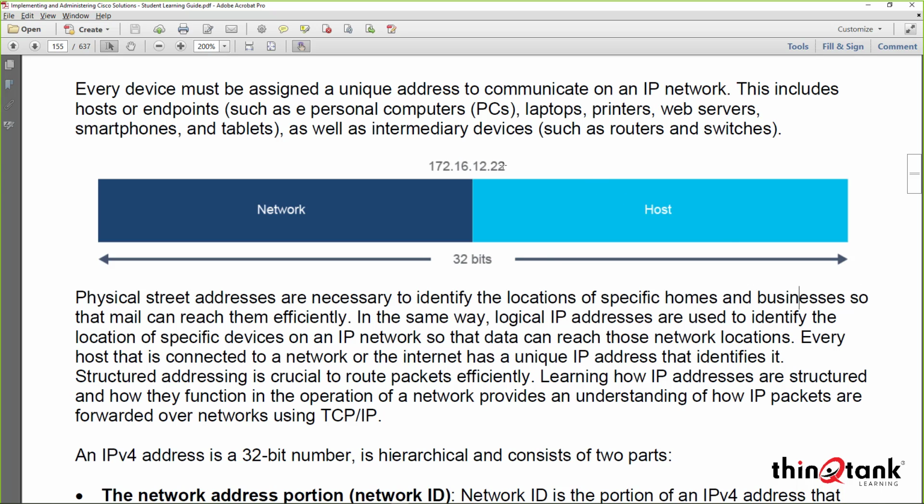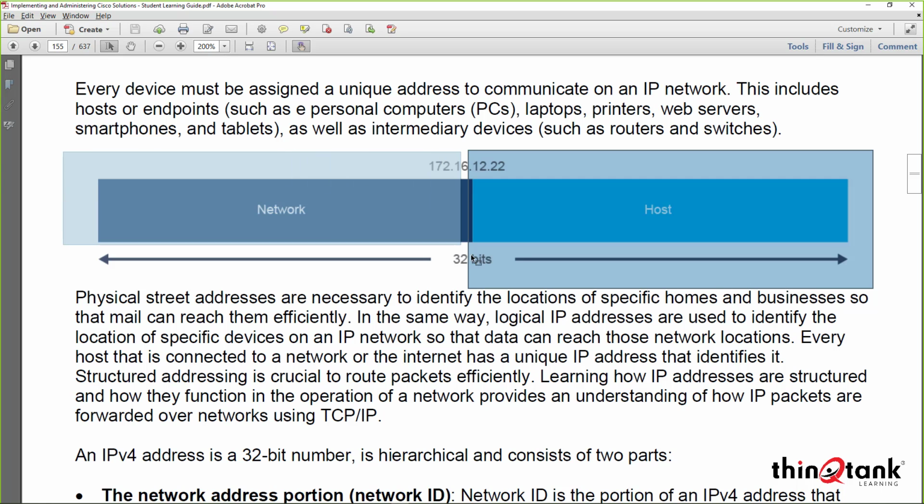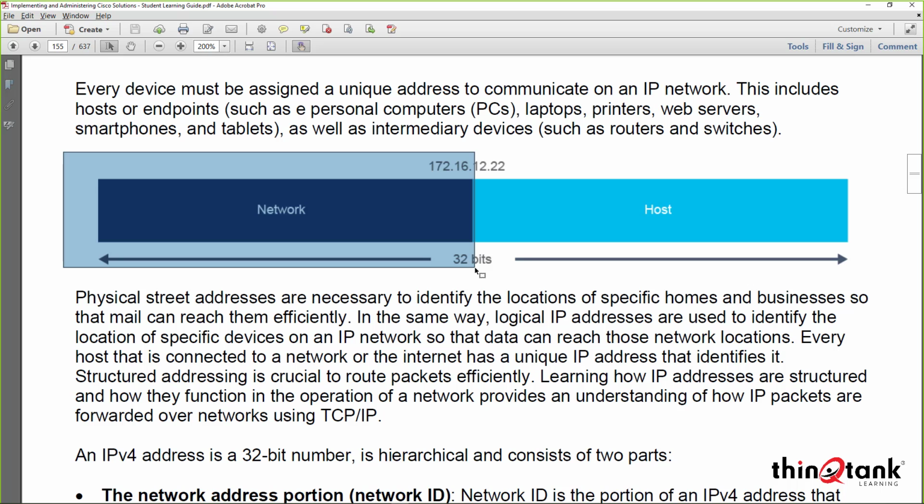So if this side is larger, then you have more hosts, but you have fewer networks. If this side is larger, you have more networks, but you have fewer hosts. And that's really what the concept of subnetting is. That's what the concept of supernetting is, this idea that you're adjusting the boundary of the mask to change the size of the network.